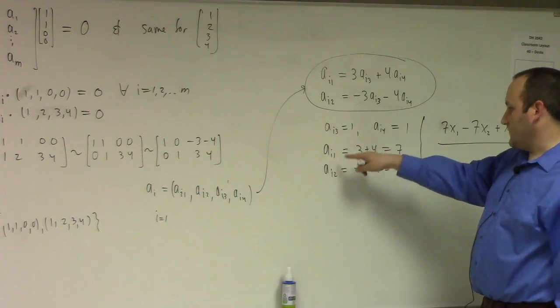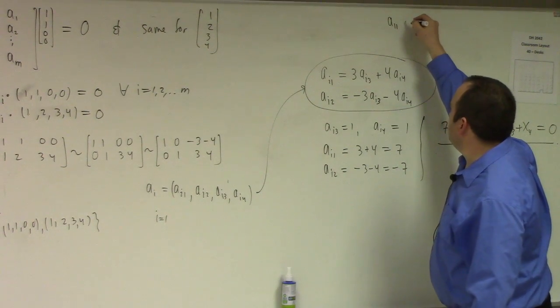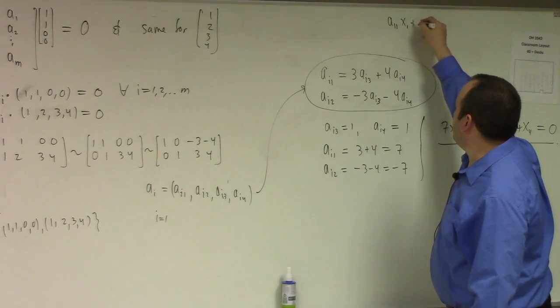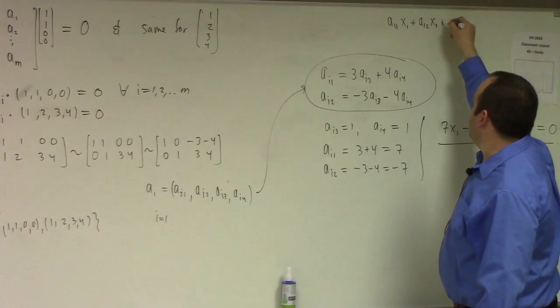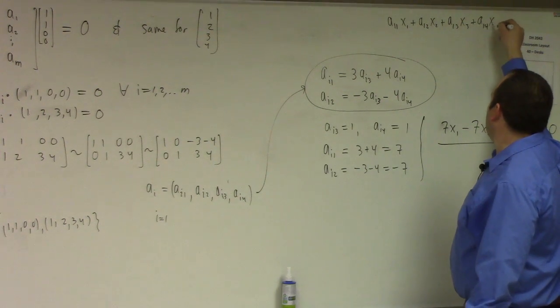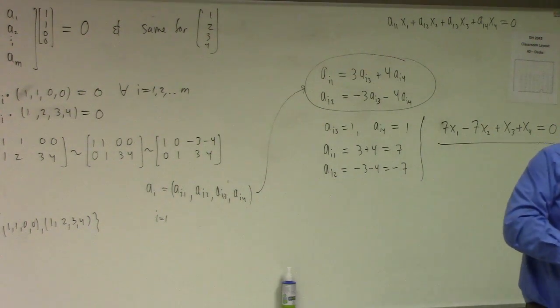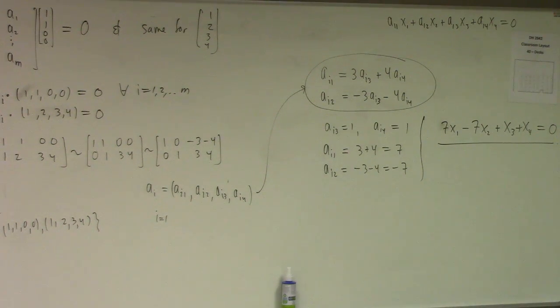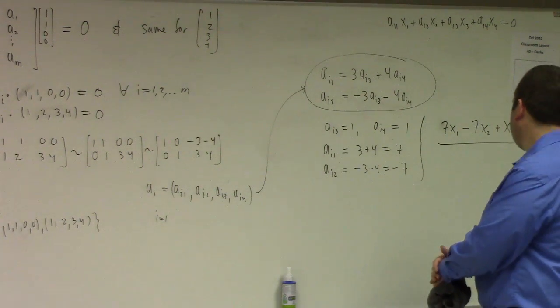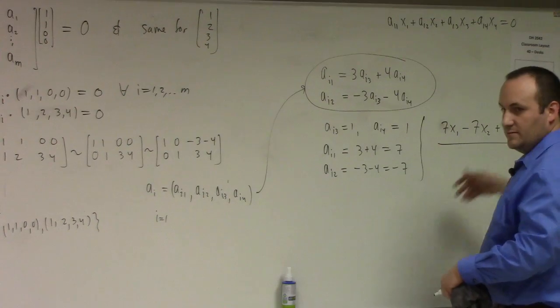So in terms of the system of equations, you have a11 x1 plus a12 x2 plus a13 x3 plus a14 x4 equals 0. We're looking at a homogeneous problem at the moment. Then that's just 7, minus 7, 1 and 1.